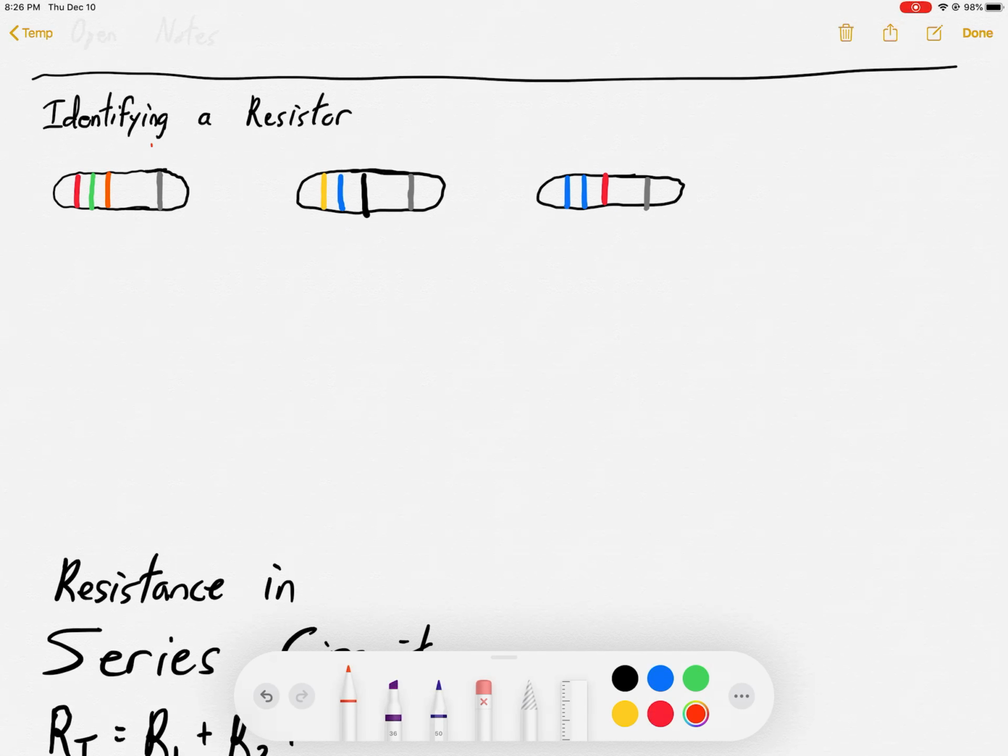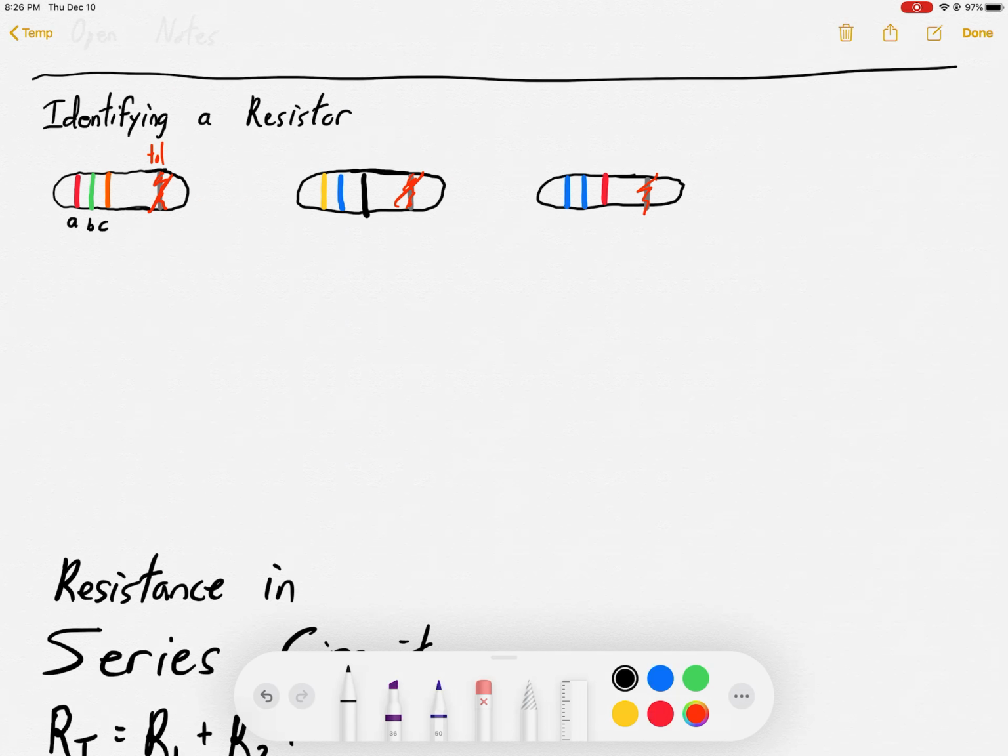Remember that the fourth stripe on the resistor is the tolerance. For our problems, you ignore it. Okay, just pretend that it's not there. And so what you're focusing in on are the first 3 primary lines.